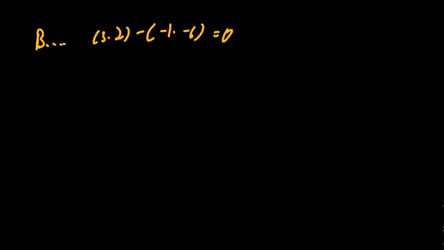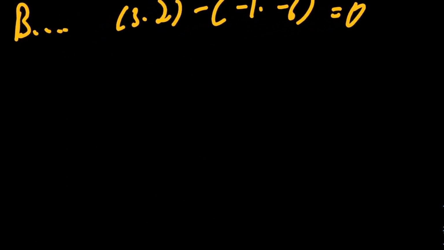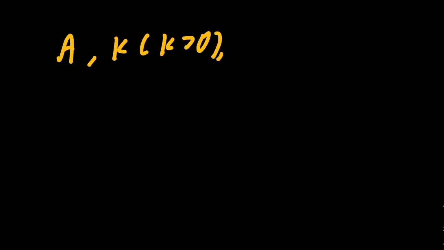Now let's touch base and talk about the properties. So let's say A is a matrix with an inverse, and K is a positive integer, and C is a non-zero scalar.